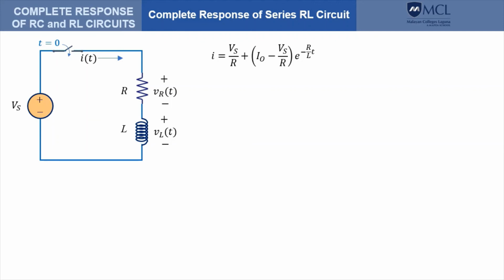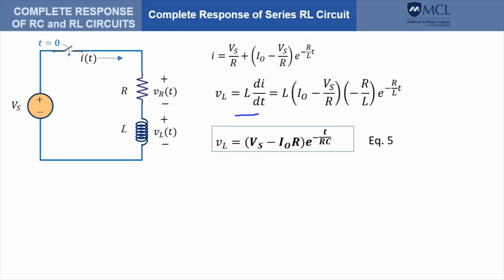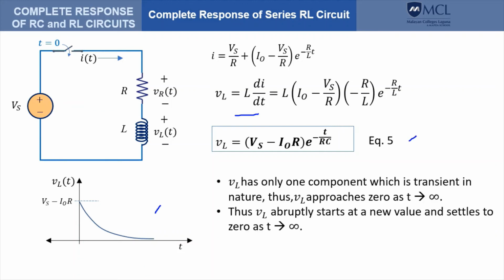We can also solve for V sub L, the voltage across the inductor, from this relationship, and that will give us this equation. We can plot that voltage, and this will give us this plot here. So this voltage has only one component, which is a transient component.